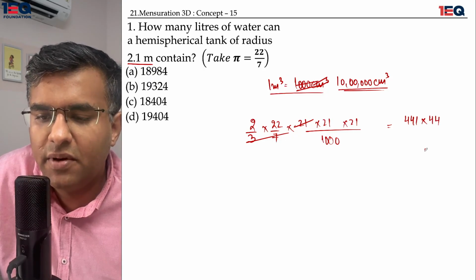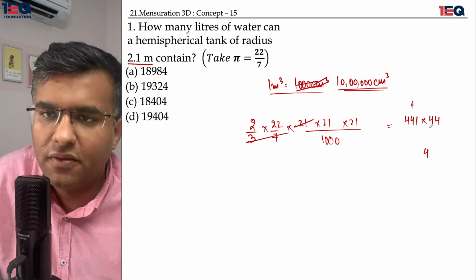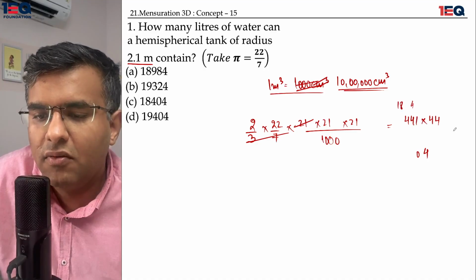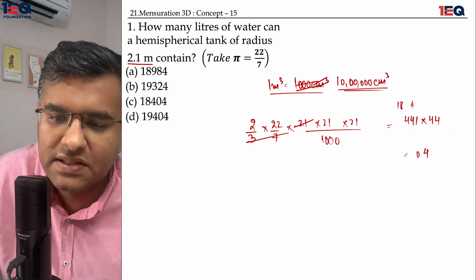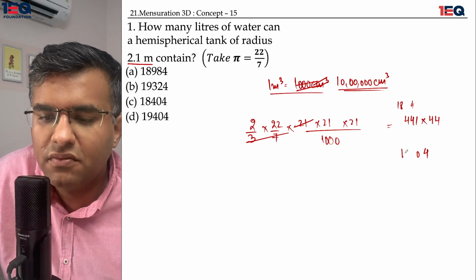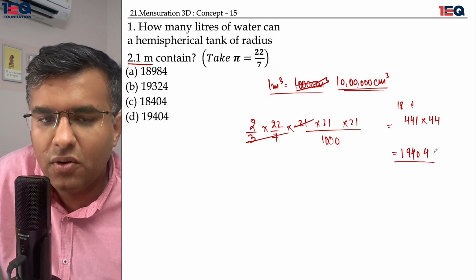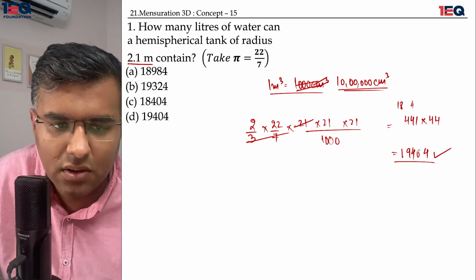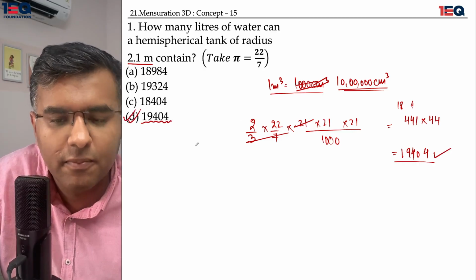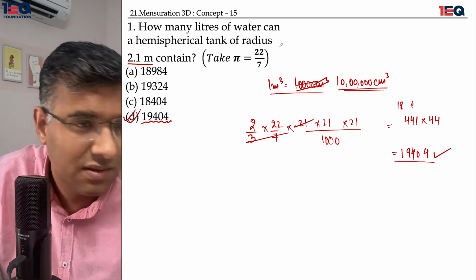This would give me a 44 ones are 44. 44 fours is 176. 176 gives me an 180. 44 fours is again 176. 176 plus 18, 184. So 19404 is going to be my answer. Good enough. Let's go ahead.